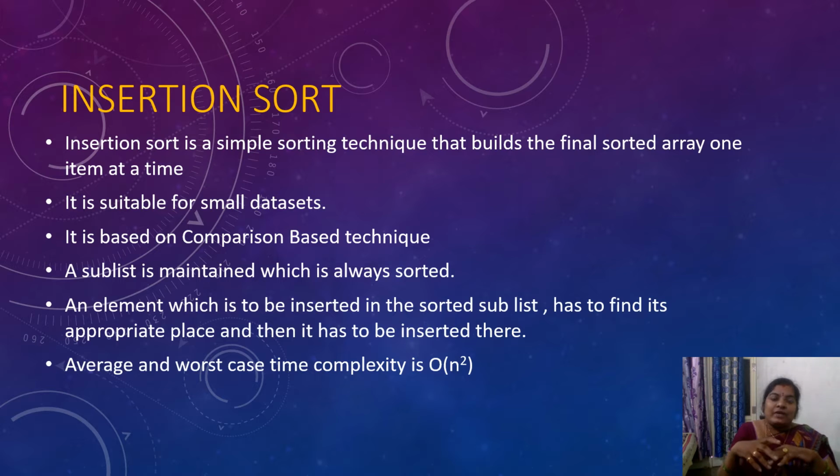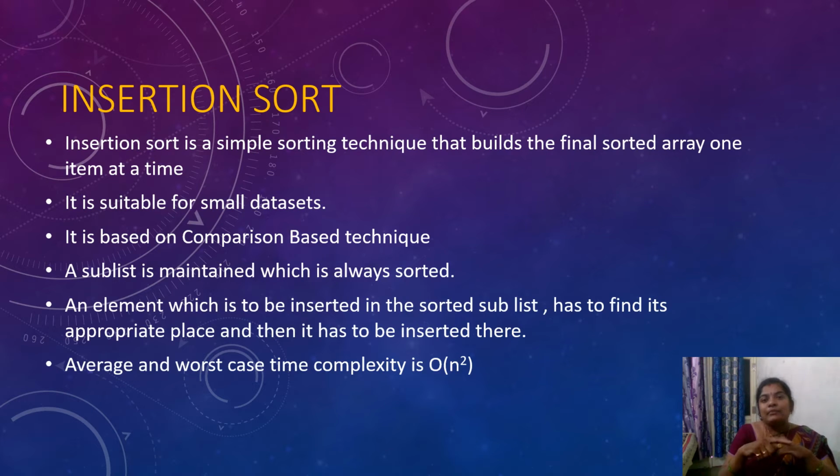In the initial stage, we don't divide the elements into sorted and unsorted parts. First of all, we choose only the first element of the given list and place it in the sorted part.